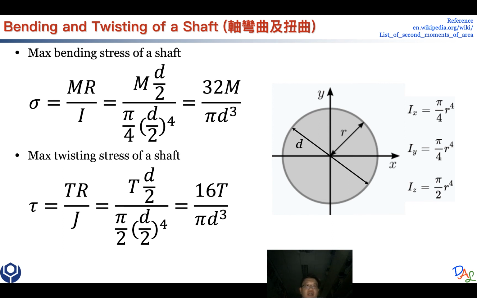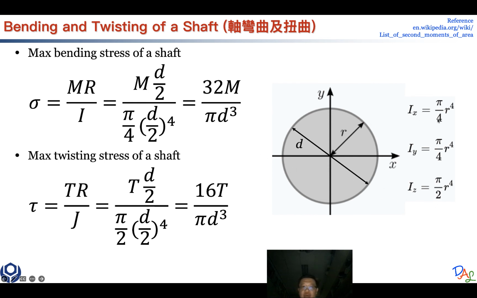What's the bending stress and the twisting stress? Based on what we had earlier, sigma equals Mr over I, tau equals Tr over J. R basically is half of the diameter. I can be calculated if you check the area moment of inertia of a circle.